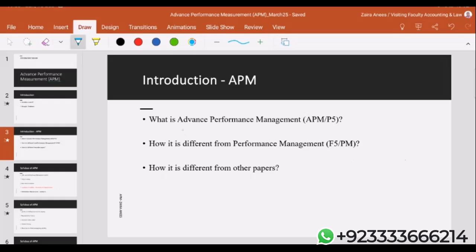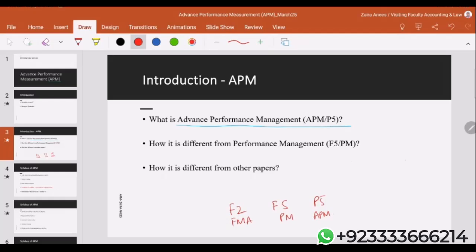What is Advanced Performance Management? In ACCA, we have three levels: the F2 level (FMA), the F5 level (PM), and the P5 level (APM).